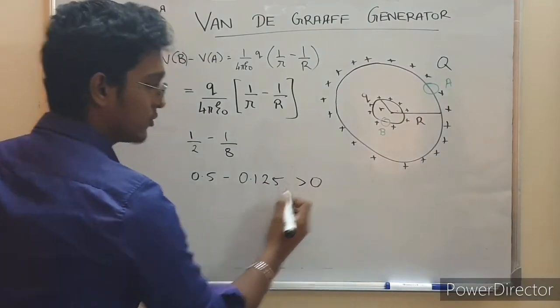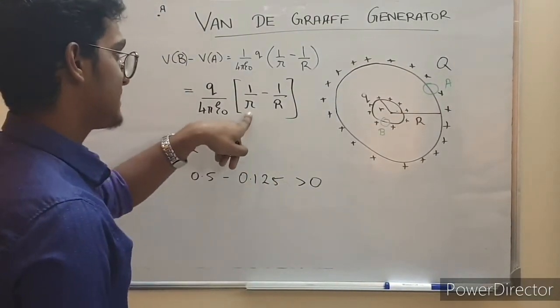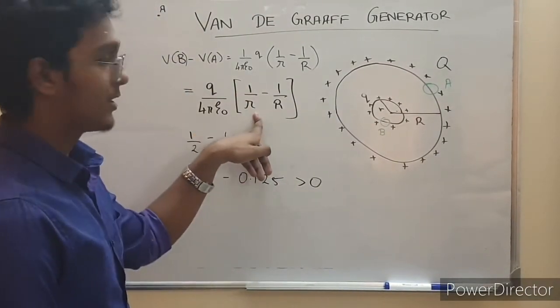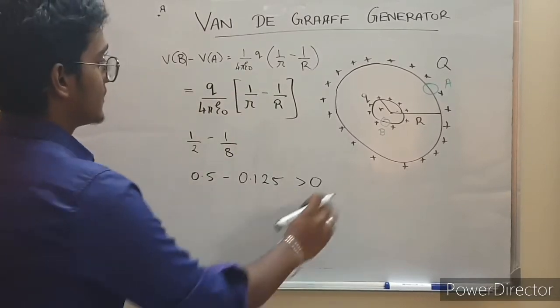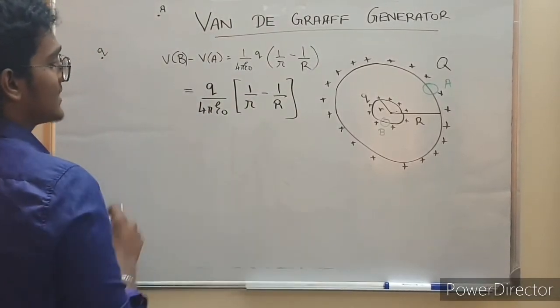Which is a positive quantity. That means this 1 by small r is a greater quantity than 1 by capital R. So that means the potential difference is positive.